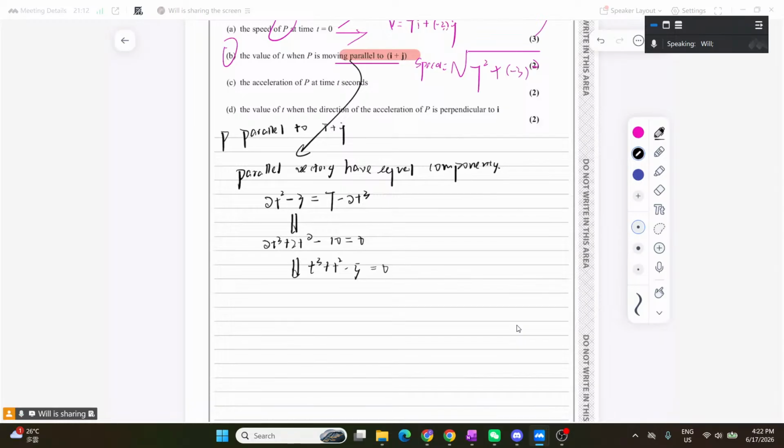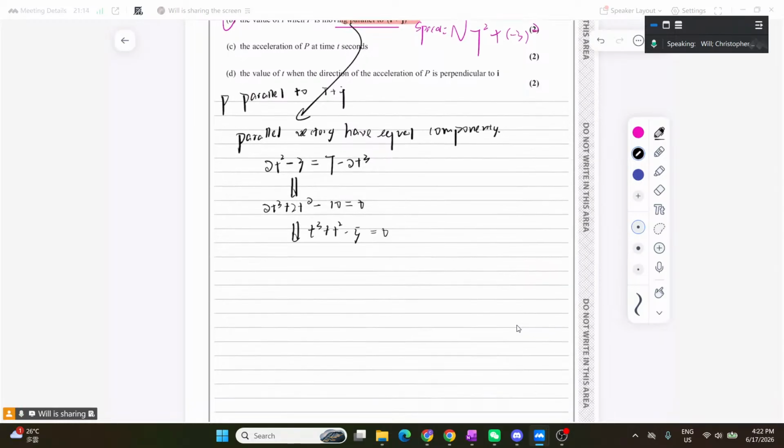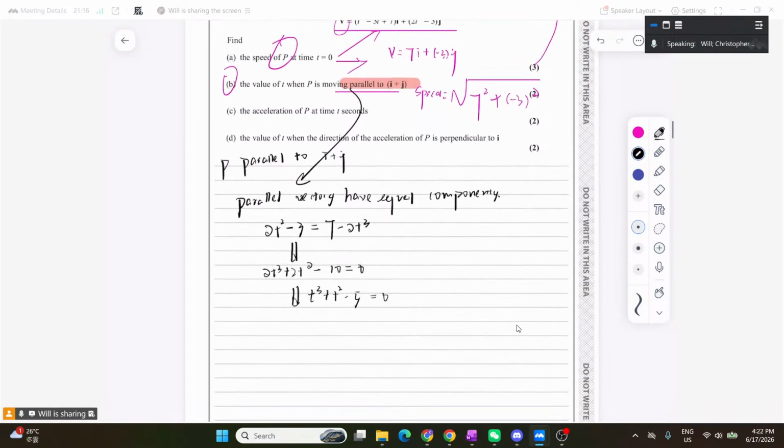Wait, where did the t cubed come from? I mean this one.